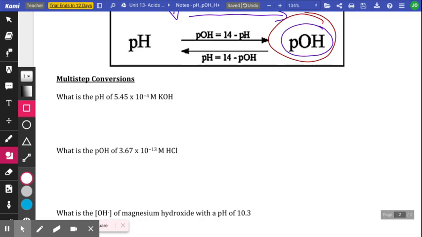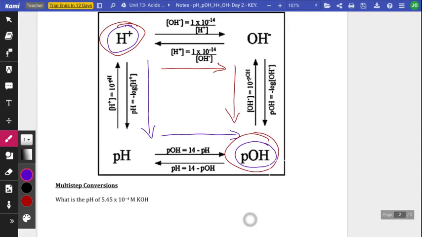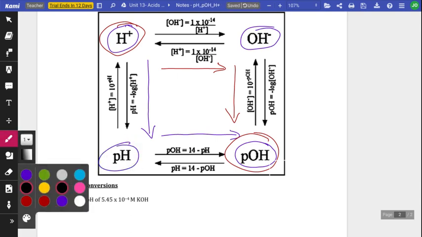My question here is, what is the pH of 5.45 times 10 to the negative 4 molar KOH? So I'm looking for my pH. We'll look at the table again and double check how to go from OH to pH. I'm trying to go from our OH to our pH.